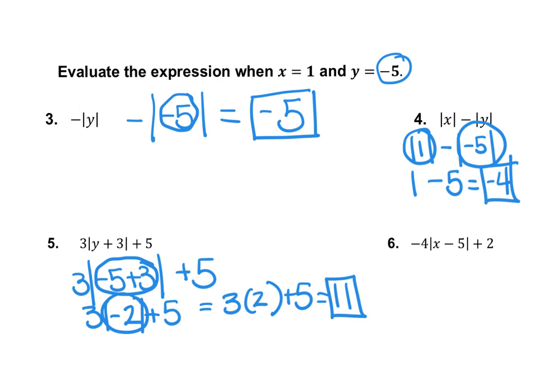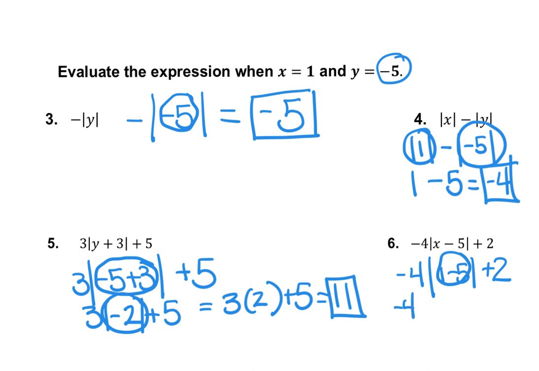All right, our last example here, we have negative 4 times the absolute value of x, which is 1, minus 5, and then plus 2. And again, we're following the order of operations, starting with simplifying inside of our absolute value symbol.